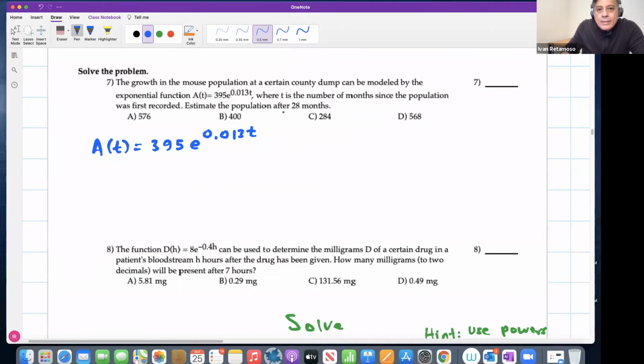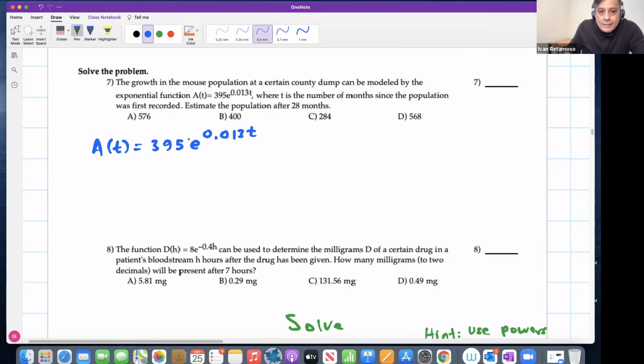Estimate the population after 28 months. What is remarkable, guys, is that if you choose the base to be e, you can model the growth of population, for example, this mouse population.